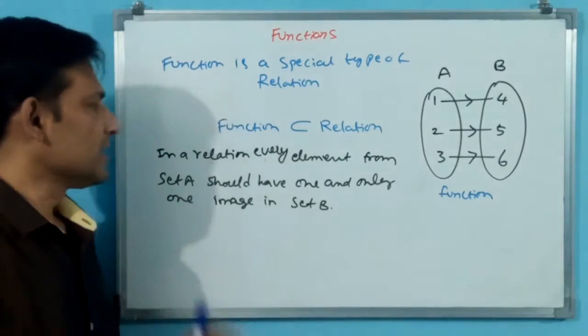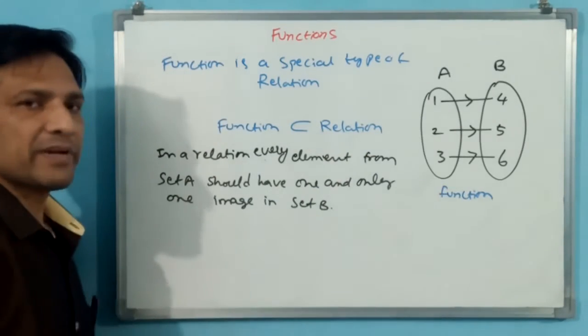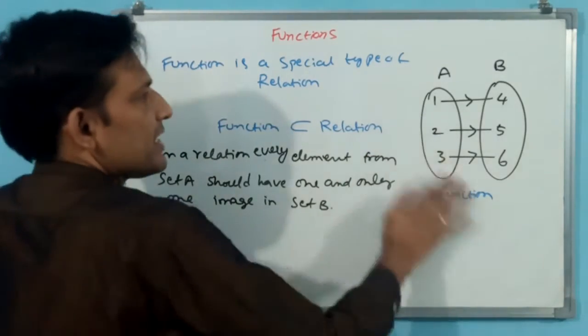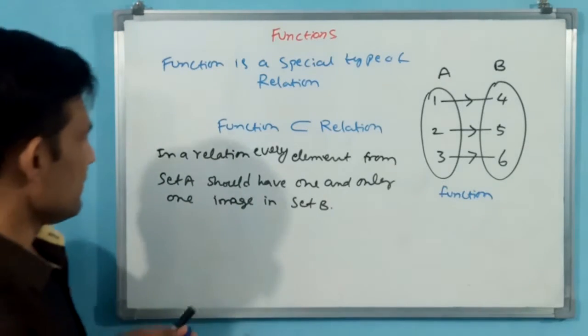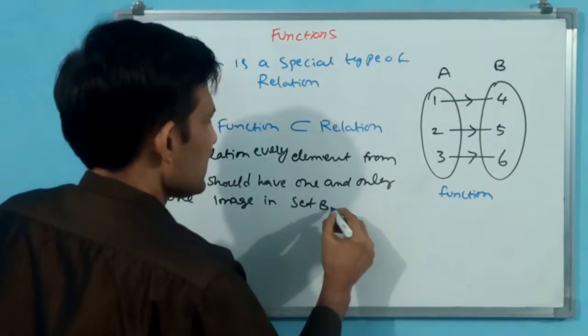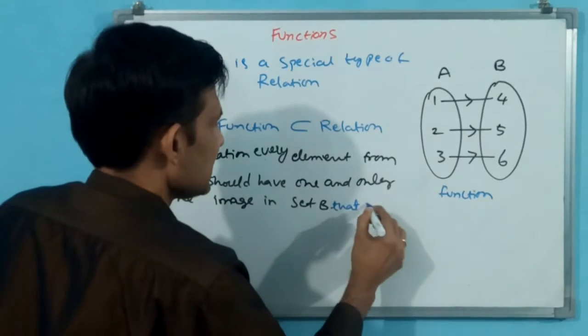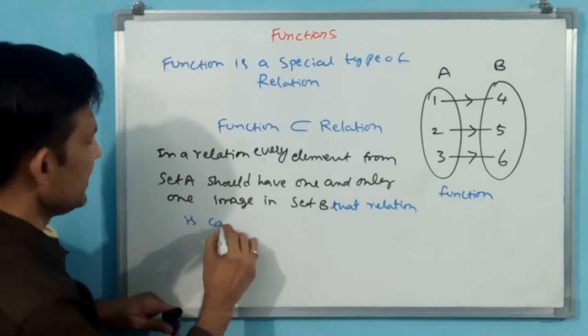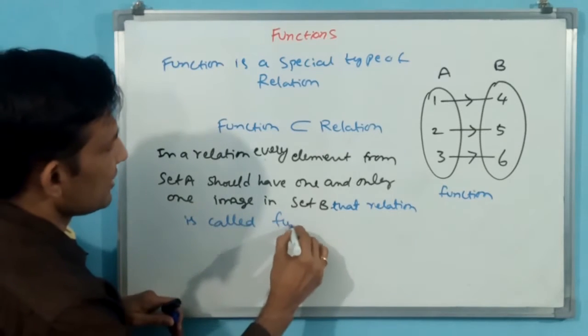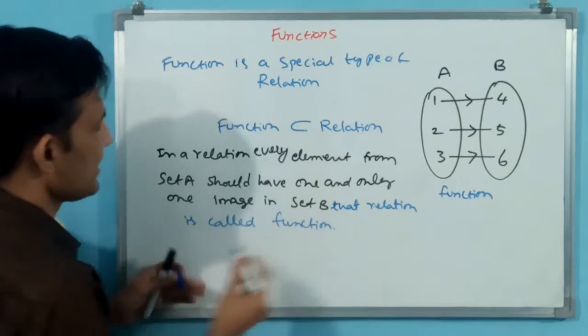You see here, is this definition satisfied or not? First, this is a relation. Every element from set A should have one and only one image, and that relation is called a function. We have not written the word function yet.